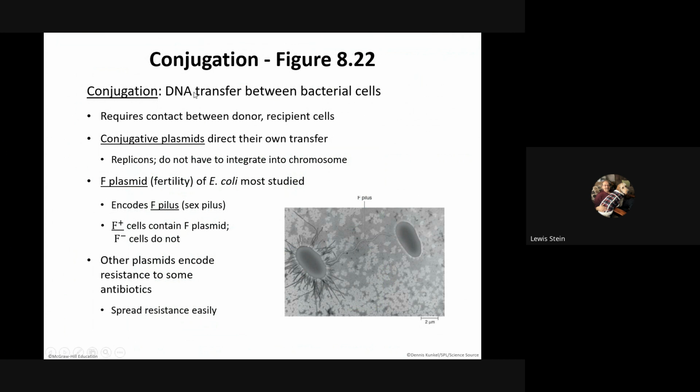Conjugation is the transfer of DNA between bacterial cells, typically in the same population, and they are in contact. So it involves particular plasmids, those little circles of DNA, which typically are not attached to the bacterial chromosome or nucleoid. Again, useful but non-essential.